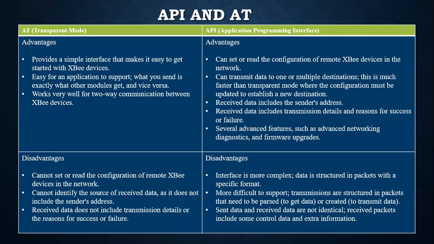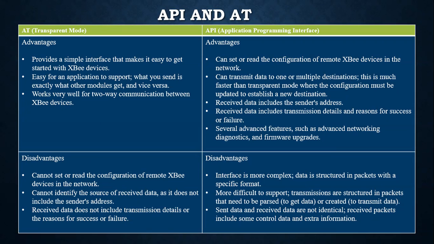respective nodes. Now, some quick advantages of the transparent mode is that it's very easy to use. We can simply use it for simple two-way communications between Zigbees. However, we're not able to read how the information was configured in the network, and we can't really identify the data, unlike with API devices, where we can transmit data to multiple destinations and understand how that information was sent.